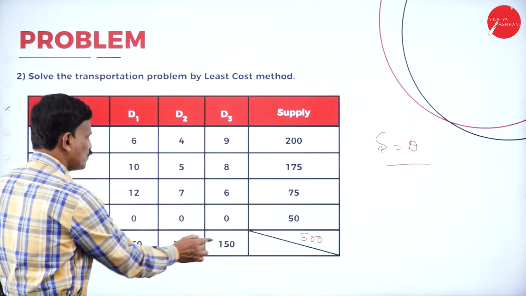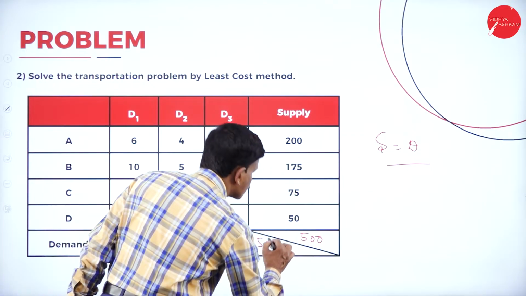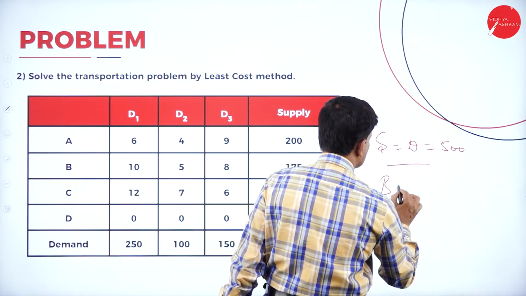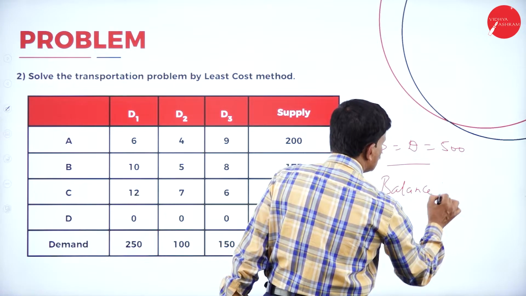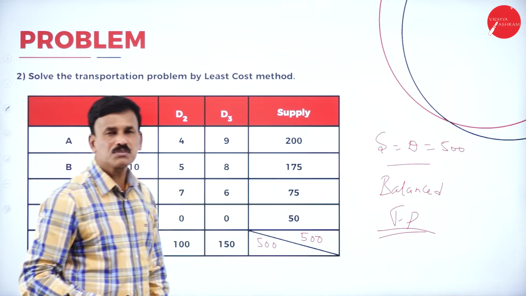Here 250 plus 150, 400 plus 100, it is 500. So, supply and demand are equal to 500. Therefore, this is a balanced transportation problem.